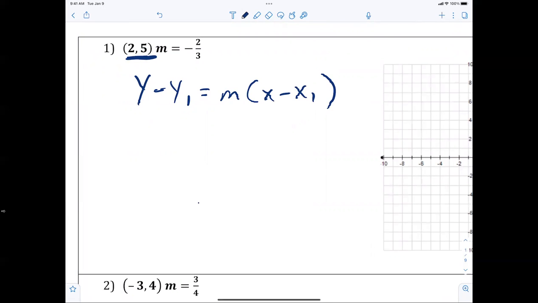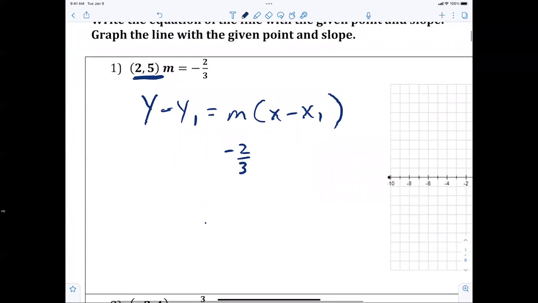What's m? Slope. So what number is m? Negative 2/3. That's correct. Wherever you see an m, you put negative 2/3. Now keep in mind the 2 represents x1 and the 5 represents what? y1.